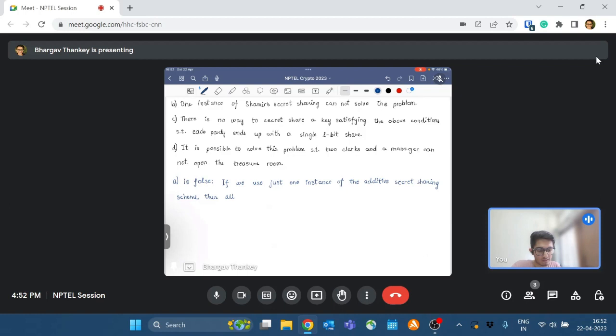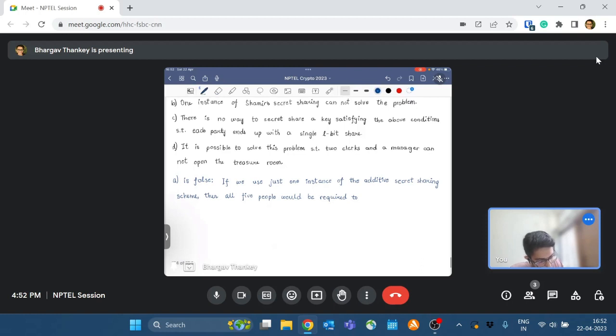So all five parties would be required to reconstruct the key, which is not what we want. In this case, just three clerks or two managers won't be able to reconstruct the key and therefore won't be able to open the safe. So A is false. What about B?